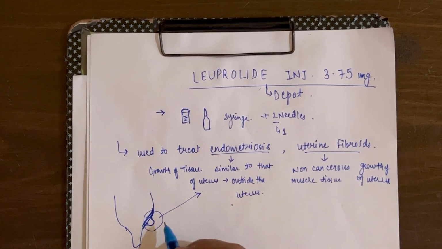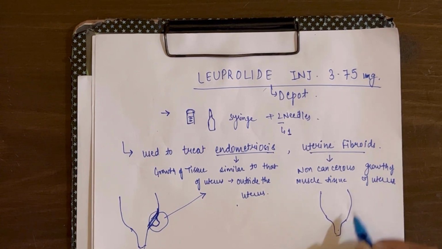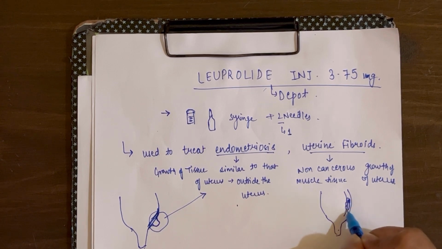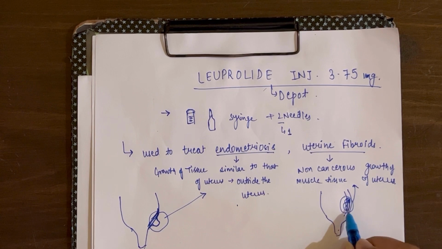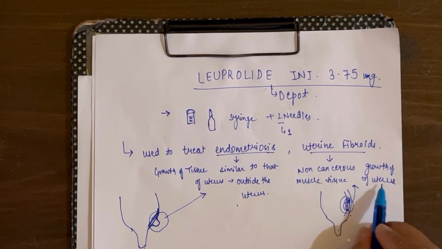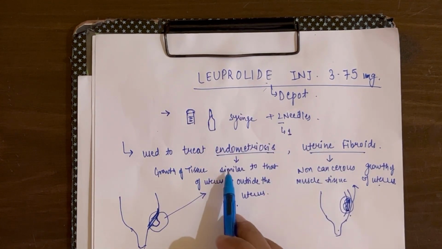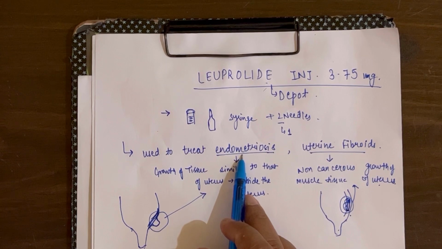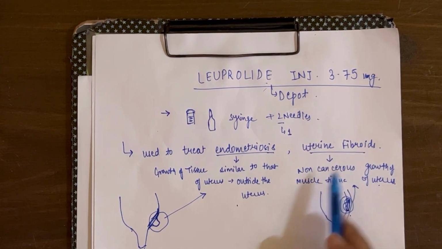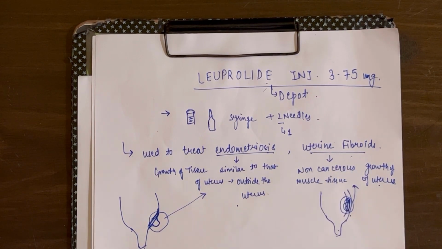So what happens here, if this is the uterus and this is the muscular layer, in the muscular layer growth of extra muscle tissue occurs, but this is non-cancerous. This growth of tissue is not cancerous. So this kind of condition is known as uterine fibroid. So this Leuprolide injection is mostly used to treat endometriosis, uterine fibroids and other conditions related to both these disorders.